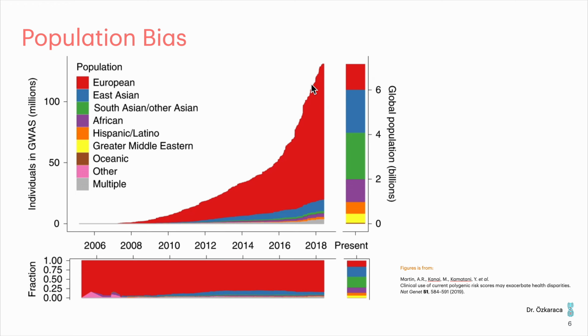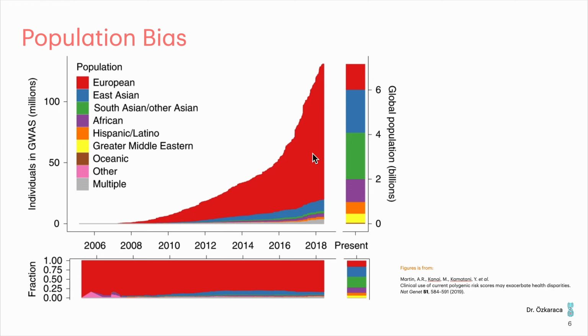So this indicates a high population bias, because if you don't have GWAS studies for, let's say, East Asians, then you cannot really apply PRS for East Asians when you don't have the discovery cohort for East Asians. You have to take polygenic risk scores from, let's say, European individuals, but that would create a population bias that I will explain in the next slide.